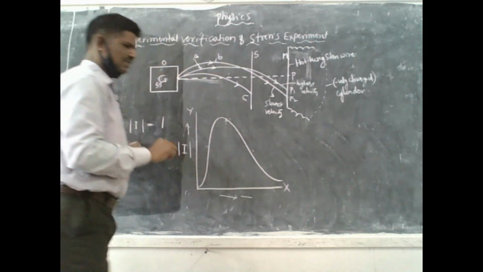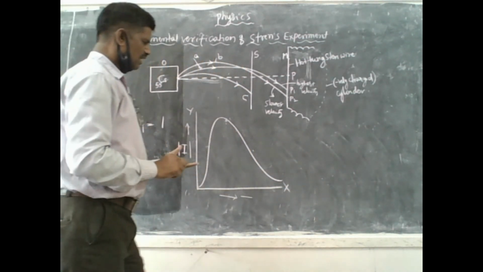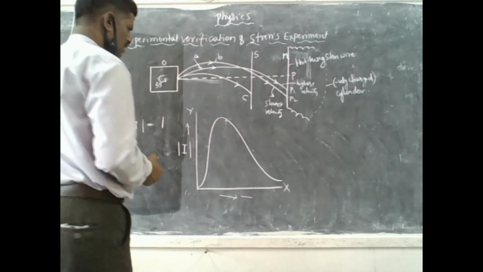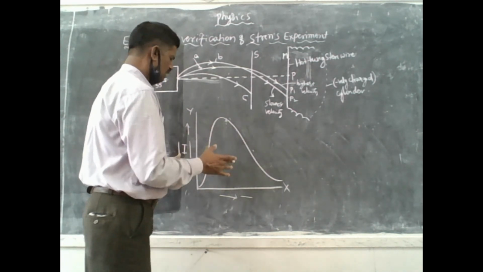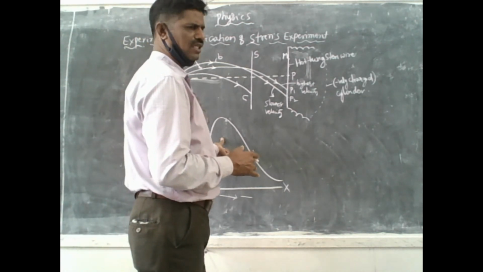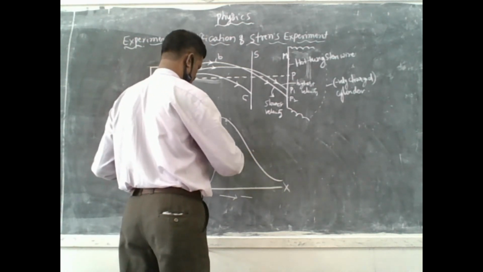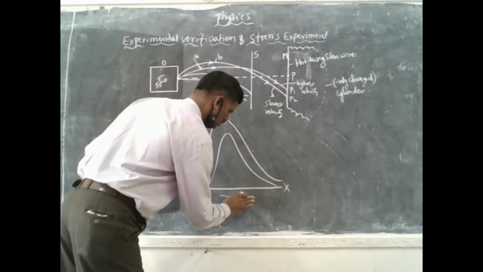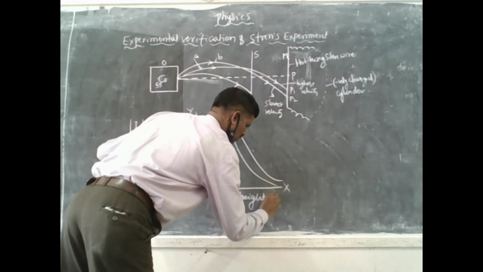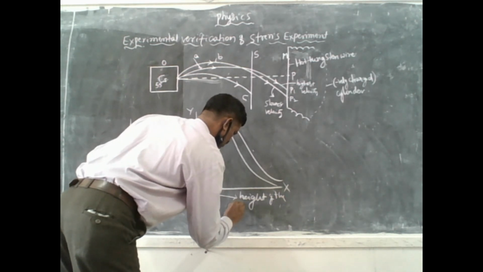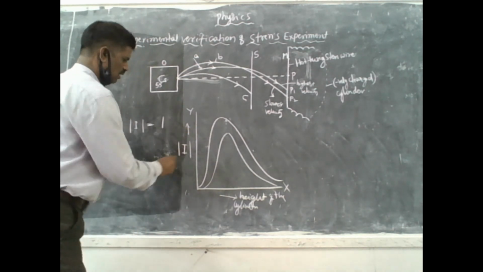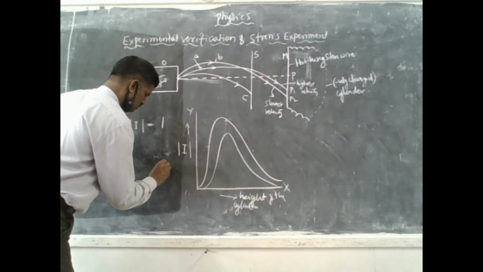This curve is similar to the Maxwell's distribution curve, and it is in very good agreement with the Maxwell's distribution curve, isn't it? Here I means ionization current.